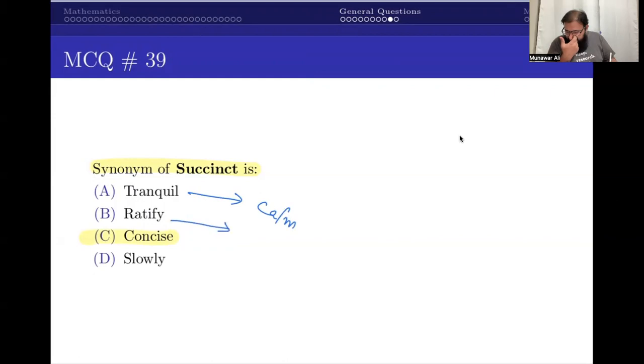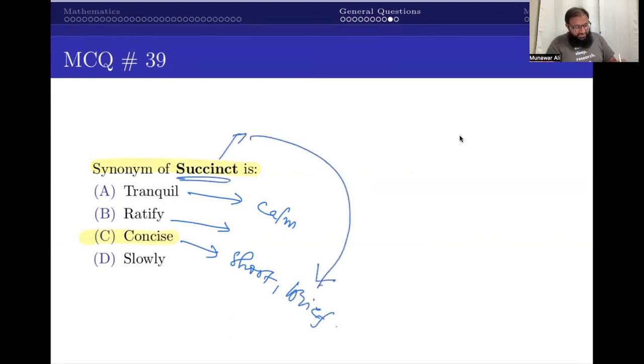Ratify is something related to, I think, correction, but it's not going to be our correct option. So concise means short or brief. And succinct also means short or brief. So our correct option is C.